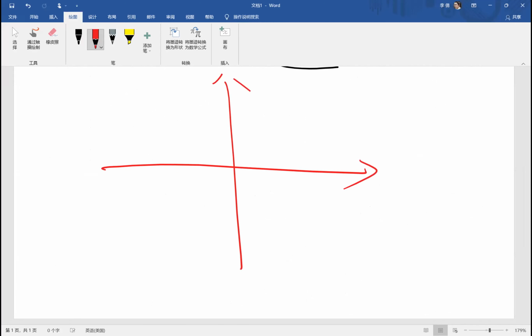This is the x-axis and this is the y-axis. If the equation of this line is y equals mx, this line must pass through the origin, this point (0, 0).